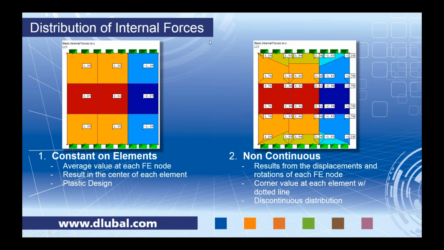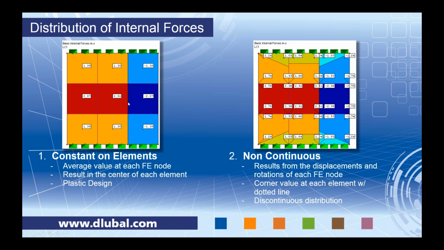I want to explain these four options just in a little bit more detail because again, it's very important on how you view your results. And I think, again, this is not just important for our software, RFEM, but probably for most other software as well. The first option is constant on elements, and what this does is it will actually average the value at every FE node.